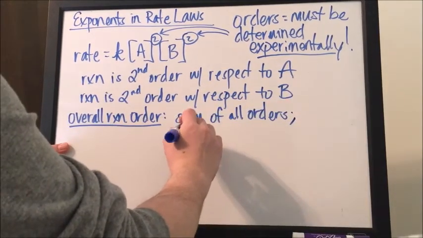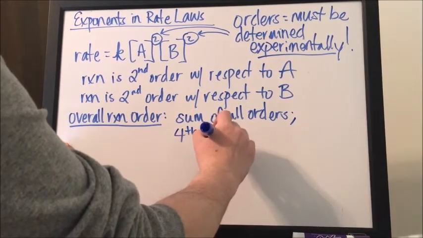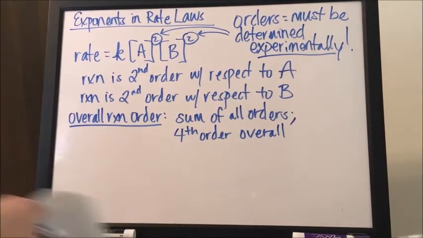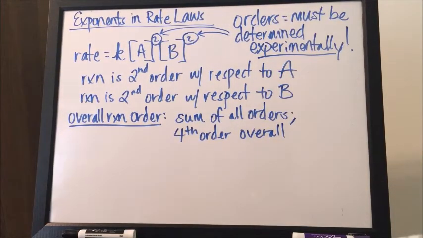And so we could also discuss that this is fourth order overall. So all 3 of those ways are correct in discussing the reaction. So you could say it's second order in A, you can say it's second order in B, but you can also say it's overall a fourth order reaction because you have summed those exponents.